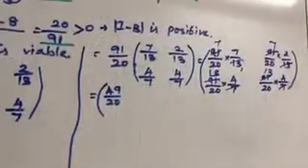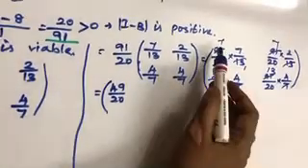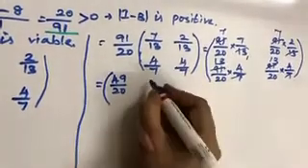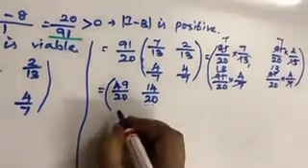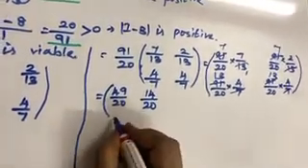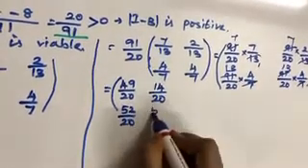Now you can see it very clearly. While multiplying, 49 by 20, 14 by 20. Here 13 into 4, 13 4s are 52, 52 by 20. Here also 52 by 20.